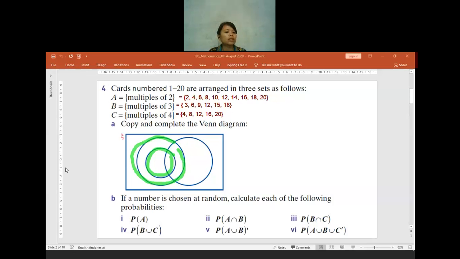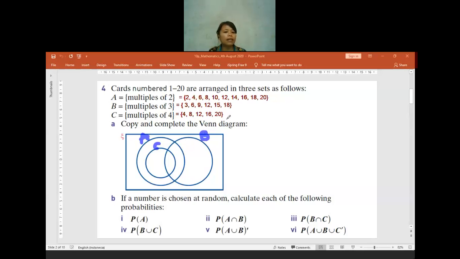So which set do you think is the innermost one? Is it set A, B, or C? Yes, the inner one will be set C. And then the outer of C will be set A, not set B. Next to A will be set B. Why do I make A the outer of C?